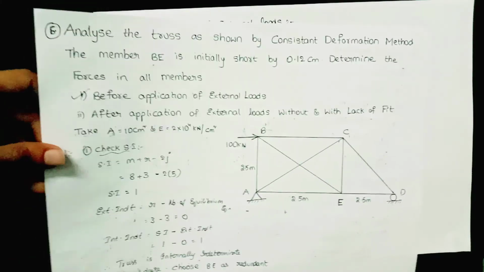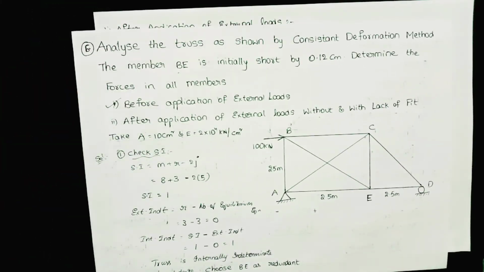So this is the procedure for analyzing the given truss by using the consistent deformation method. So one more thing is that we cannot analyze the truss consisting of lack of fit and temperature effect by using the Castigliano's method. We have to use the consistent deformation method for solving such type of problems.